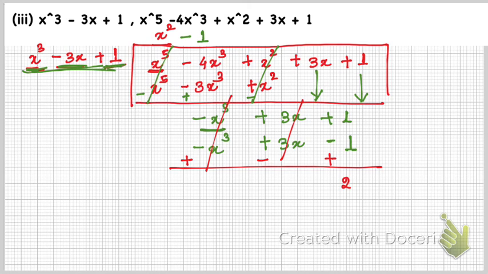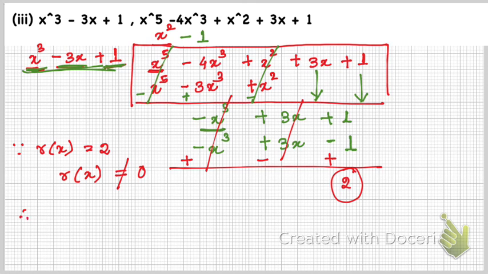So since we are left with the remainder 2, Rx is equal to 2, meaning Rx is not equal to 0.